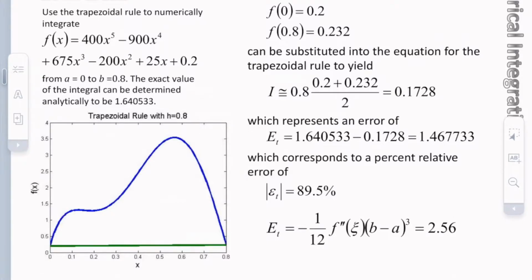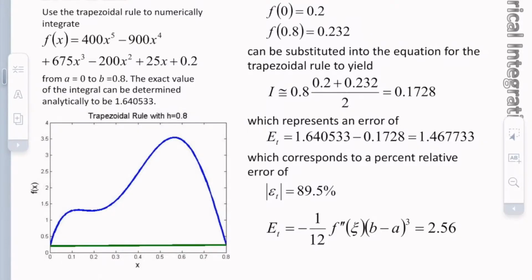The exact value of the integral can be determined analytically to be 1.640533. So if we use only a single interval from 0 to 0.8, we begin with the function values at f of 0 and f of 0 plus 0.8. These values are equal to 0.2 and 0.232 respectively.